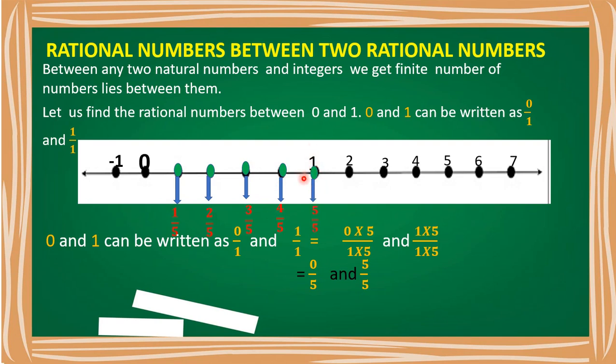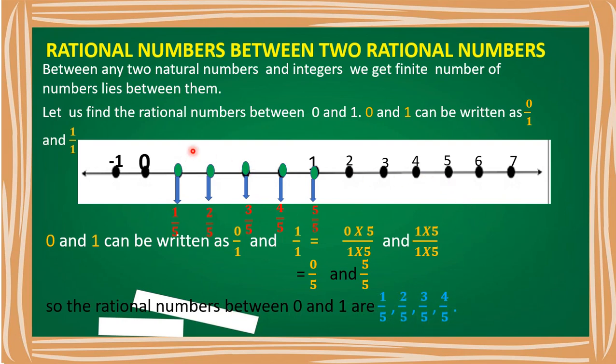So it is correct, 1 is representing 5 upon 5 here. The rational numbers between 0 and 1 are 1 by 5, 2 by 5, 3 by 5 and 4 by 5.